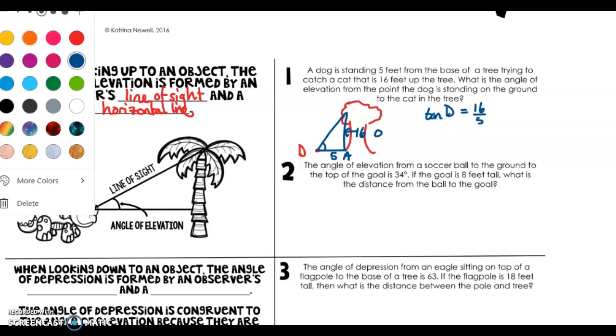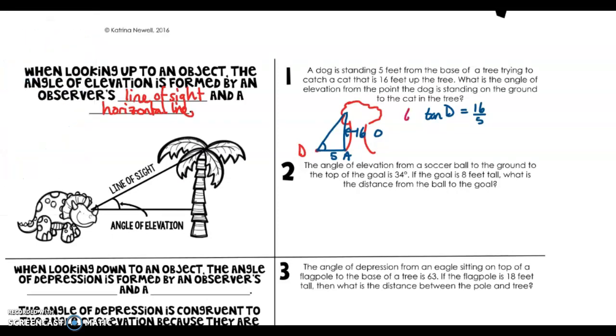To get D by itself, we have to do inverse tangent. When we type that in our calculator, the measure of angle D is 72.65 degrees, or 72.7 degrees.